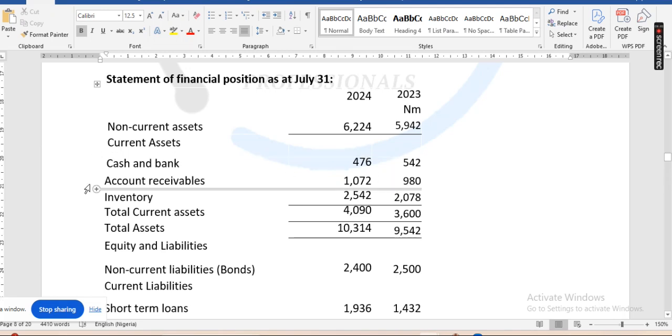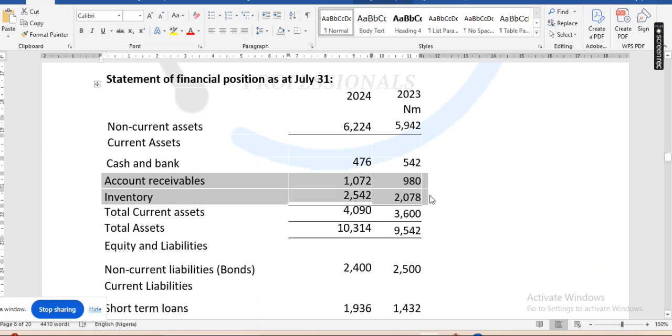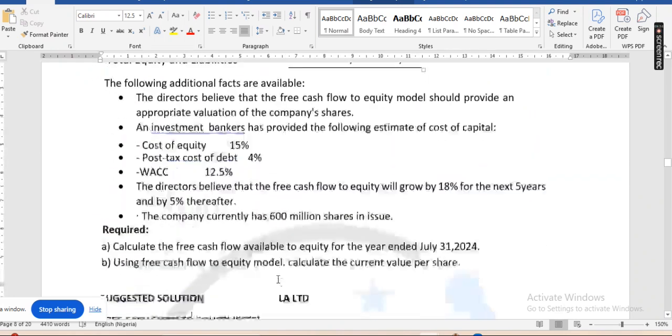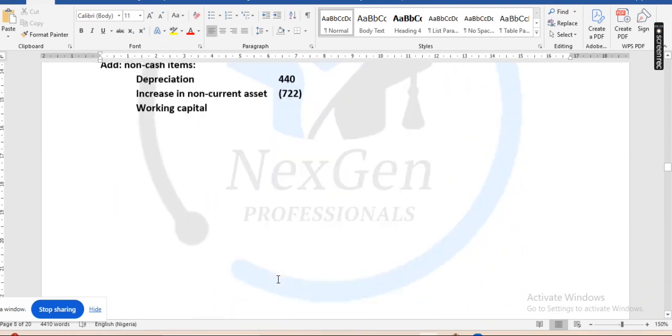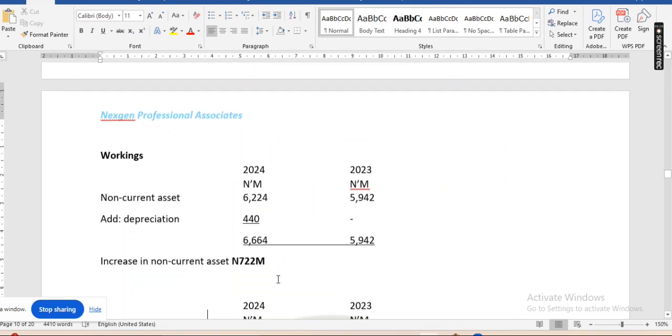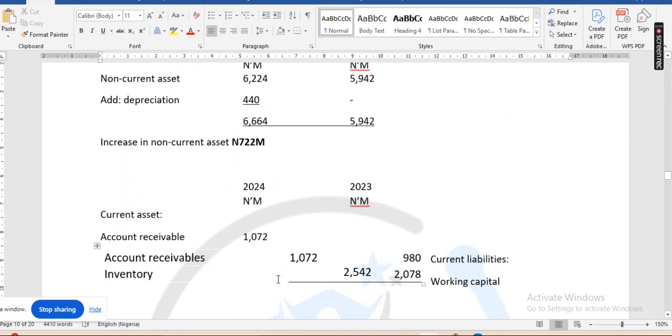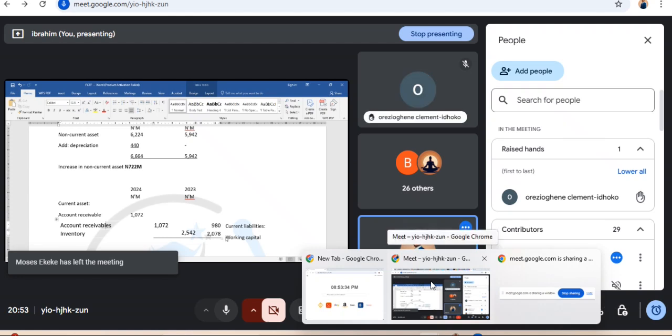So the only thing we need to copy here is just this as part of our current assets, right? Because we want to know the changes in working capital. So we need to copy this as part of our current assets. So we move down, we check. Where is it? Okay, this is it, right? So this is it.